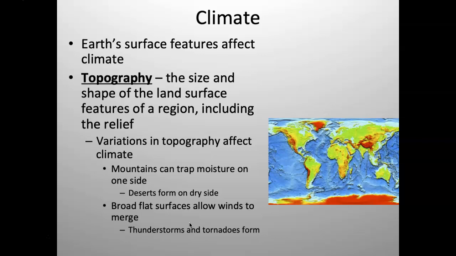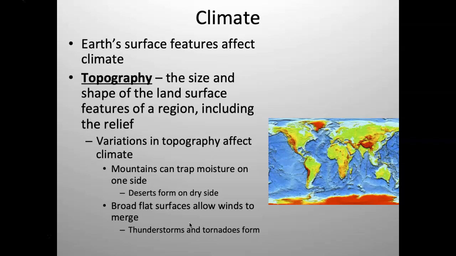For instance, mountains can trap moisture on one side, giving us a lush jungle or forest on one side, and on the other side a dry desert, because the clouds and moisture coming from the ocean will condense and won't be able to move over those mountains. You see that a lot with Oregon and those other Pacific side states. On the other side is Las Vegas, and Las Vegas is dry.